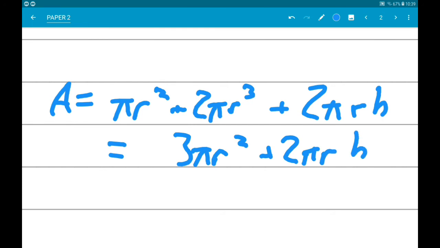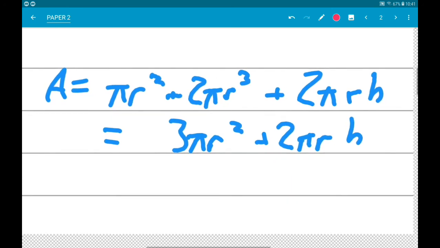Now, the way that we want it, we don't want h involved. So, we now need to work out what h is in terms of r. To do that, we are going to use the volume. So, we know the volume is 6 meters cubed.